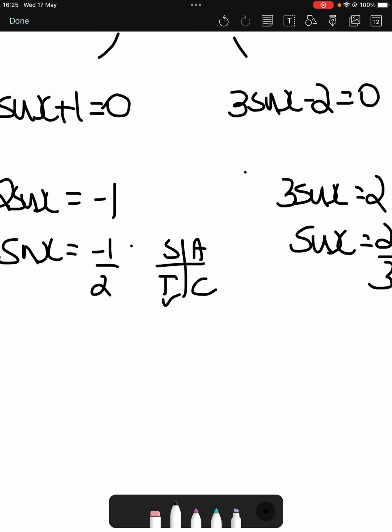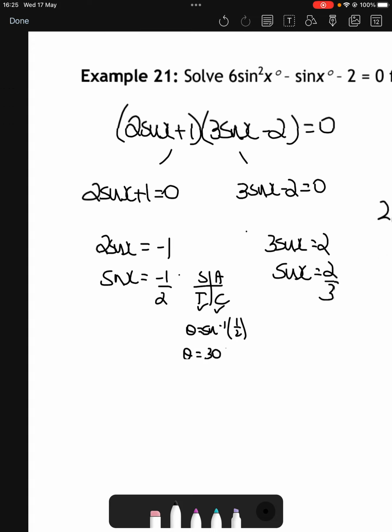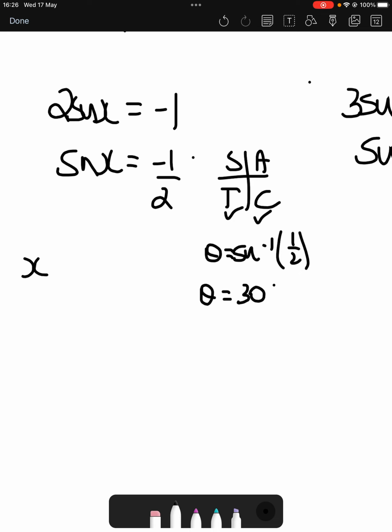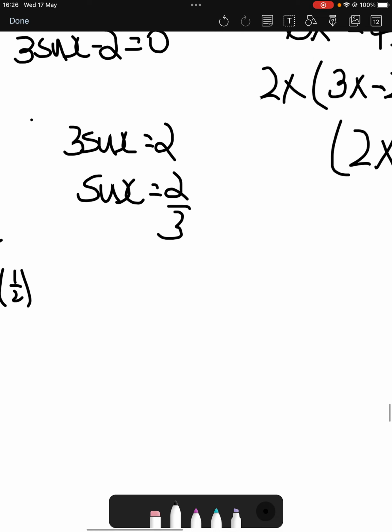Negative sine, so there and there. Beta is sine to the minus 1 of a half, which is 30. So x over here is going to be 180 plus 30, so 210, and 360 minus 30, so 330. We'll do the same over here. Positive sine this time.